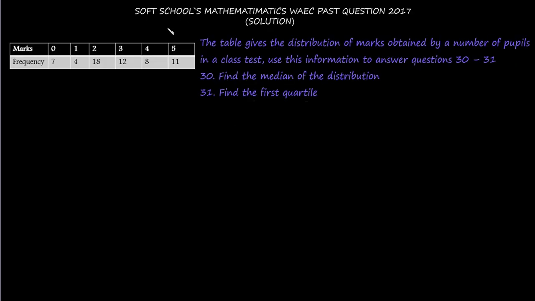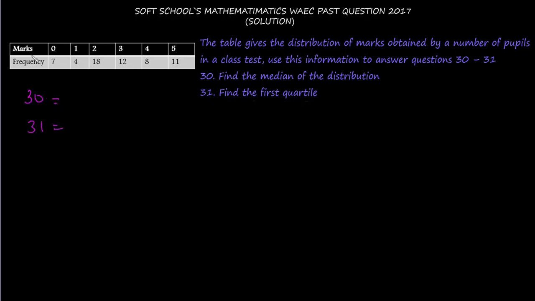The table gives the distribution of marks obtained by number of pupils in a class test. They ask us to use this information to answer question 30 to 31. So the first question, question 30, let me just write them here. Question 30, question 31.